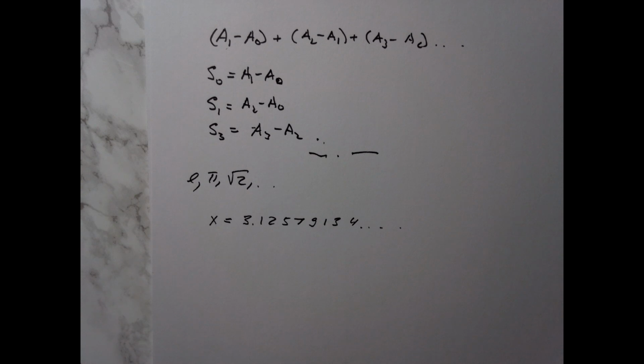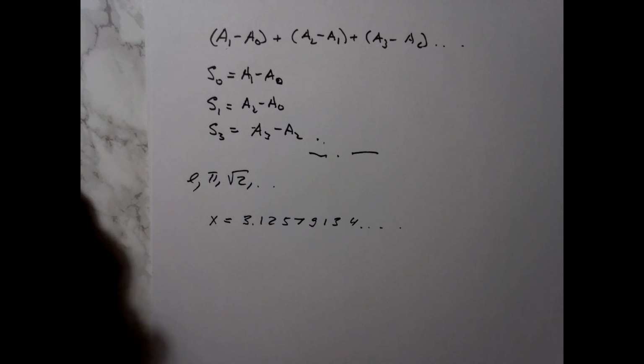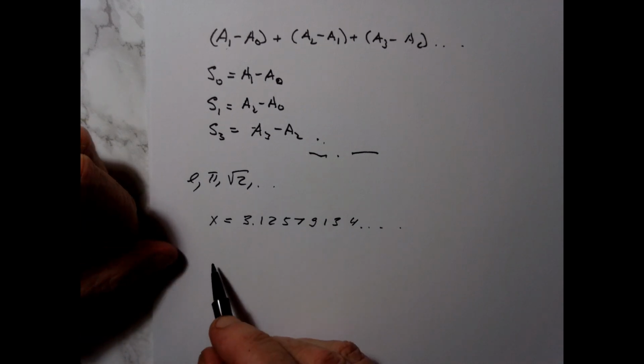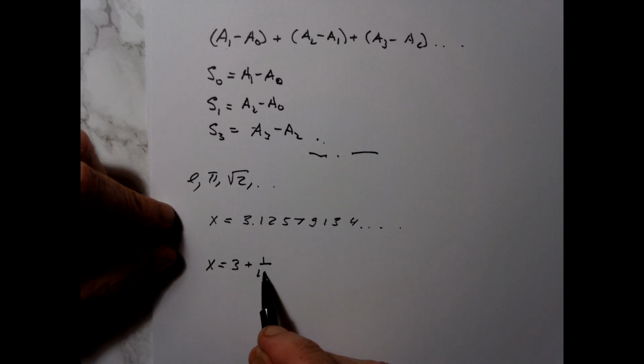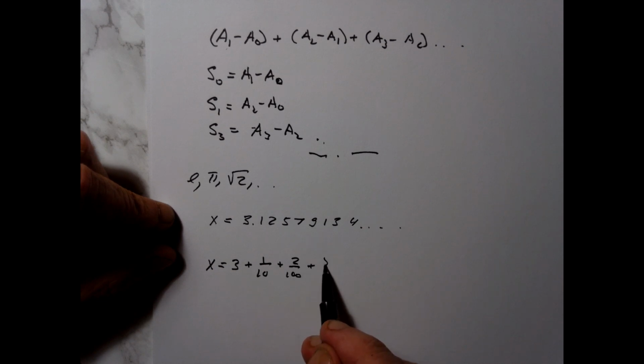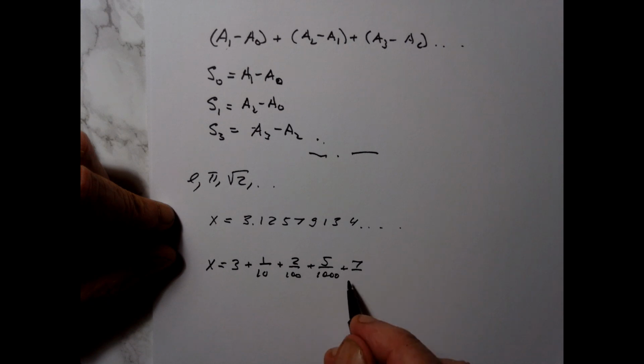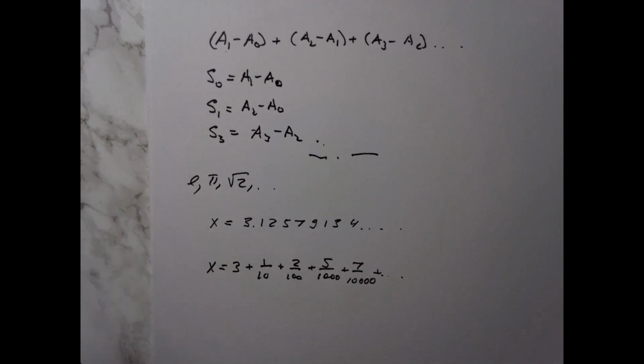And what are you writing when you're writing this particular thing? Well, you are writing that x is equal to 3 plus 1/10 plus 2 over 100 plus 5 over 1,000 plus 7 over 10,000 plus etc. So in reality, when you are writing a decimal expansion of a number, you are writing it as a series.